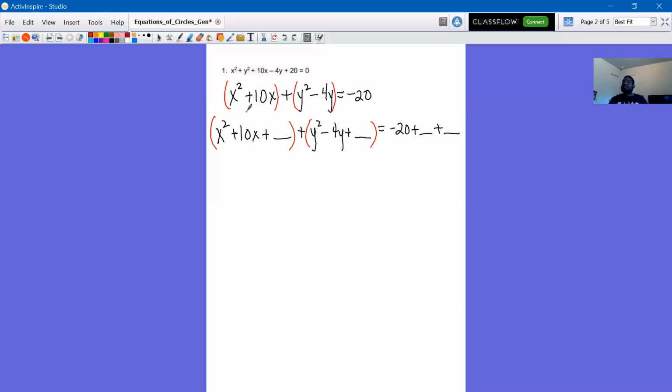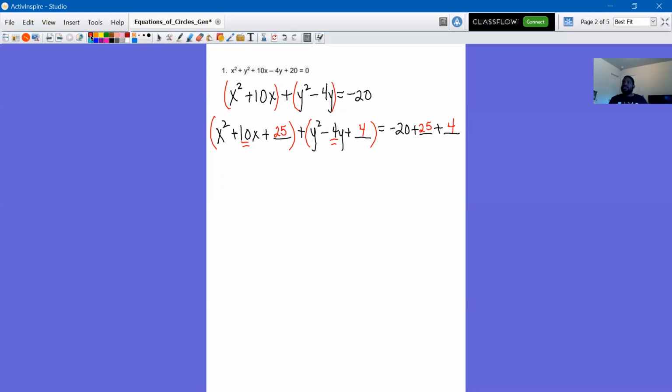All right, so I'm going to complete the square. Remember, to complete the square, we take half of our middle term and square it. So half of 10 is 5, squared is 25. Whatever I add over here, I add over here. Half of -4 is -2, and squared is +4. So +4 here, +4 here.